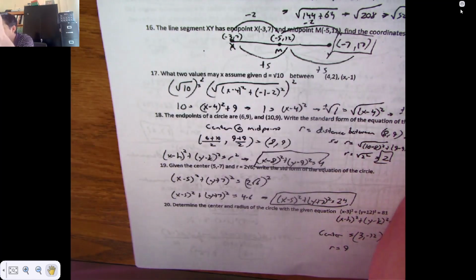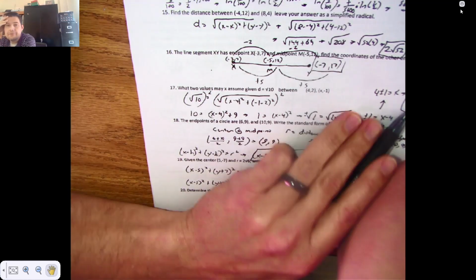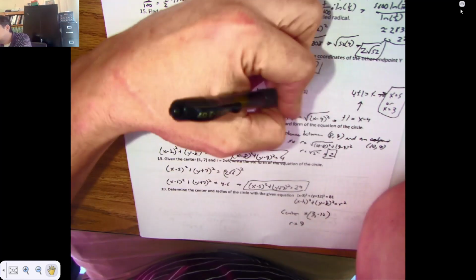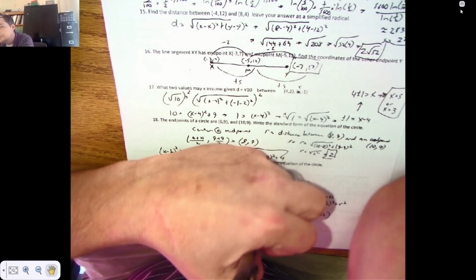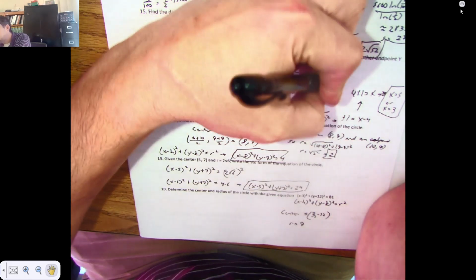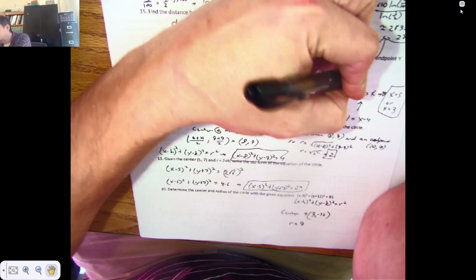Here's something you can do on these. Notice 3. If this is multiple choice, I could just plug those numbers in there and say, okay, distance is the square root of 5 minus 4 squared plus -1.